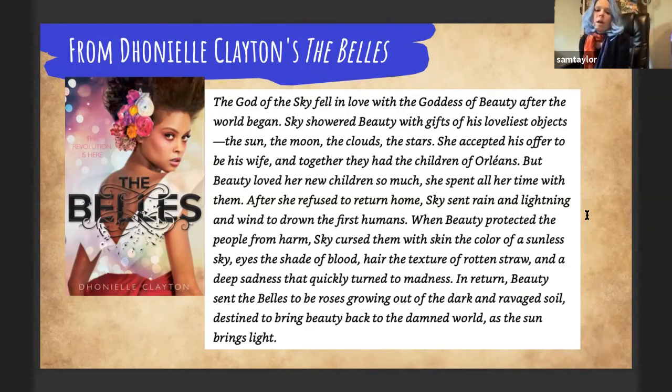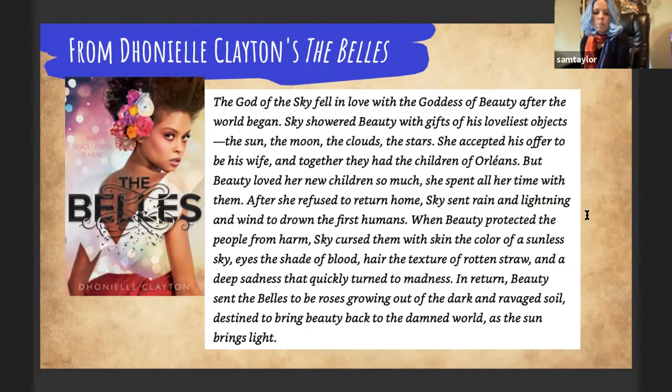The god of the sky fell in love with the goddess of beauty after the world began. Sky showered beauty with gifts of his loveliest objects, the sun, the moon, the clouds, the stars. She accepted his offer to be his wife, and together they had the children of Orleans. But Beauty loved her new children so much, she spent all her time with them. After she refused to return home, Sky sent rain and lightning and wind to drown the first humans.